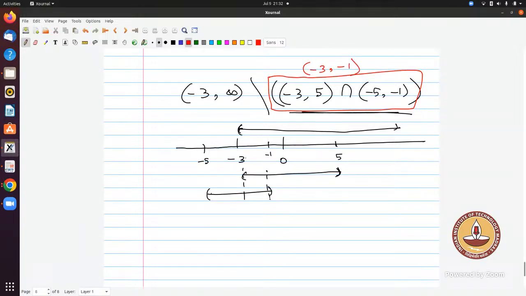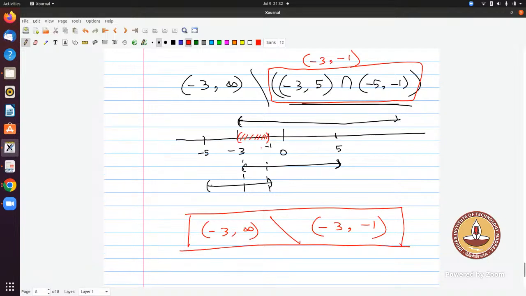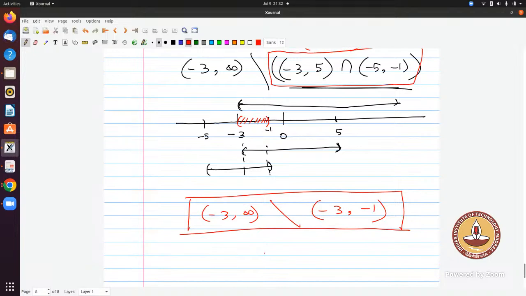So from -3 to infinity, I have to eliminate the portion -3 to -1, open. So what I am left with is -1 to infinity, correct?